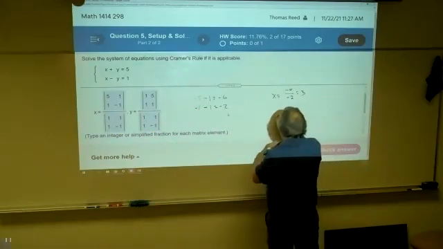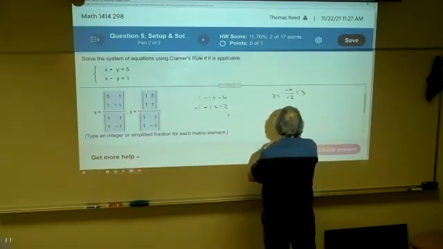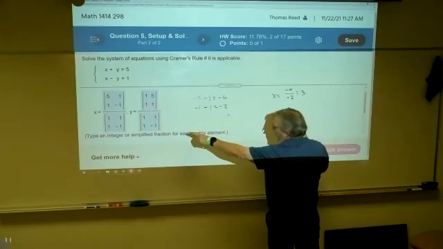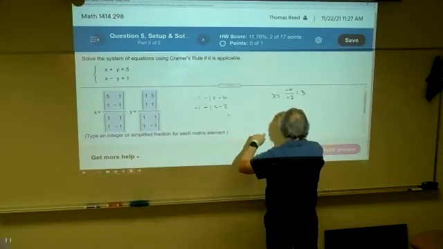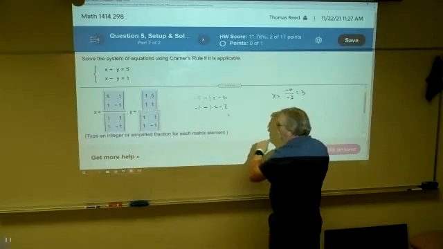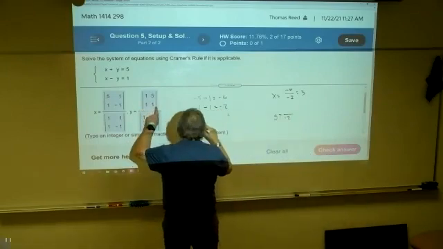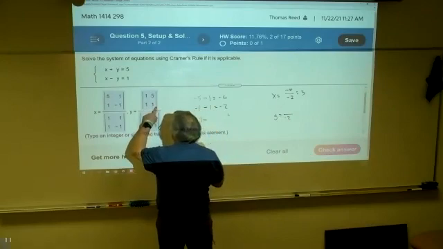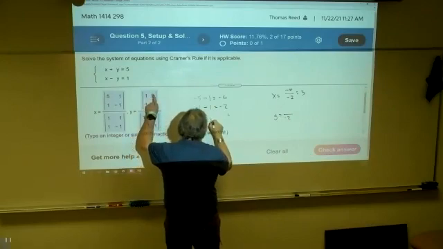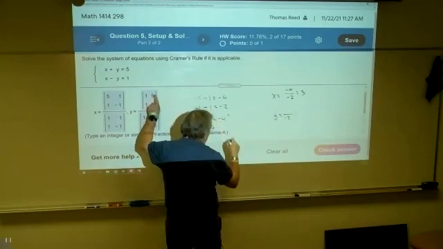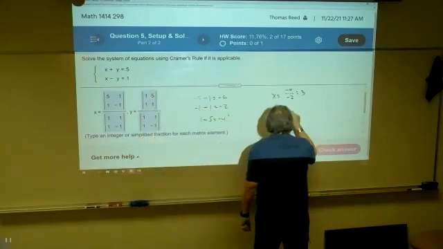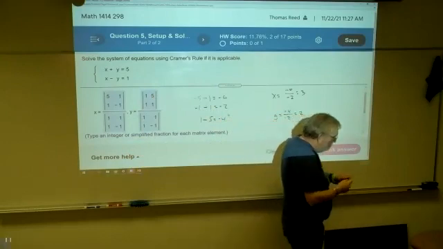So my x value is 3. And my y value, I already know what goes in the denominator. It's a -2. And so now I have 1 times 1, which is 1, minus 1 times 5, which is 5, which is a -4. So that's -4 divided by -2, which is a +2.